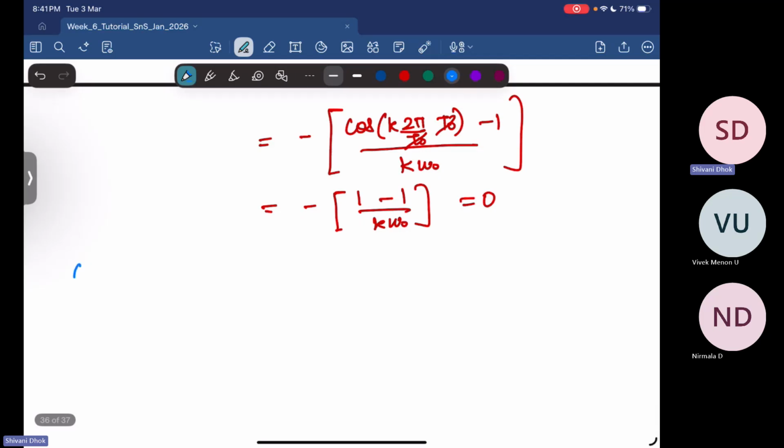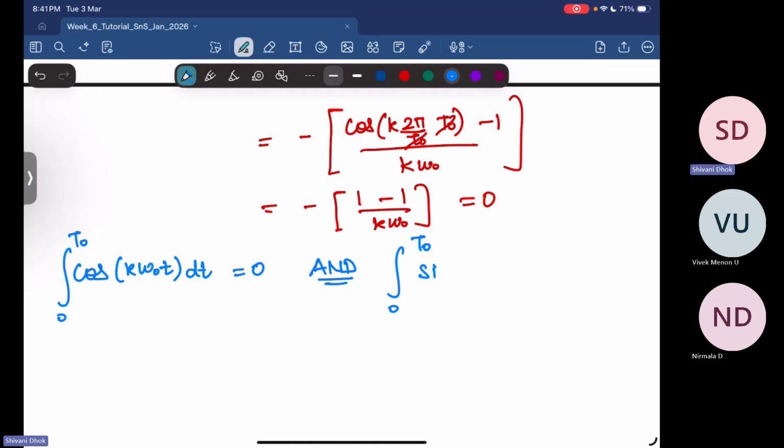So what we have is integral from 0 to t naught cos of k omega naught t dt is equal to 0, and integral from 0 to t naught sine of k omega naught t dt is also equal to 0.